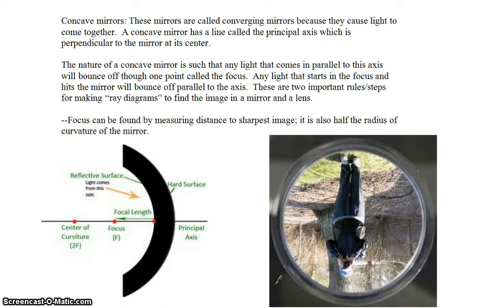Now, with curved mirrors, we always check two different rays of light. Any ray of light that comes in parallel to what's called the principal axis will leave through the focus, and any ray of light that comes in through the focus will leave parallel.